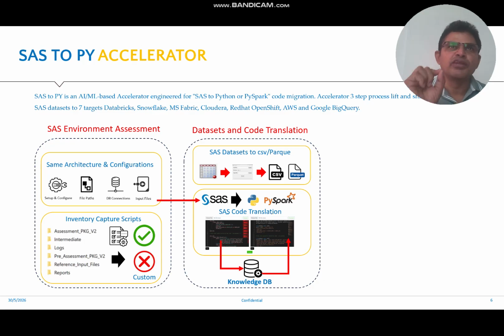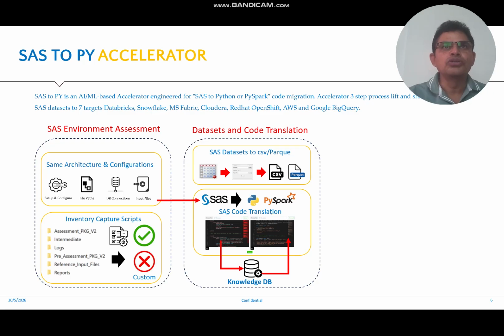We will also fail in one scenario, that is the custom. Let's say a customer used custom formats or custom functions or custom procedures that generally are not available in our general knowledge DB. So these scenarios we fail. Those are typically less than 5% of cases as a global trend.